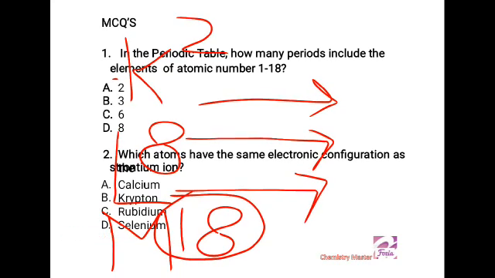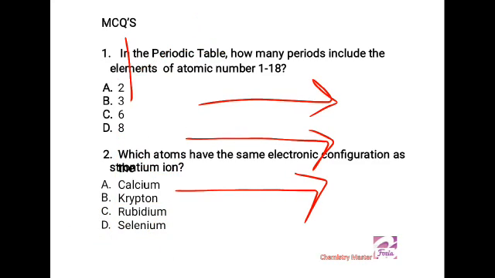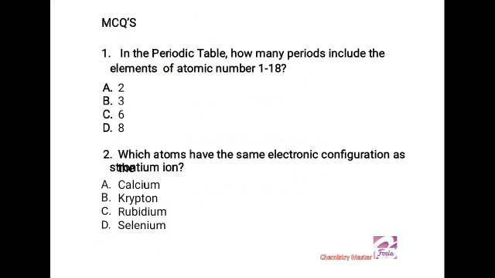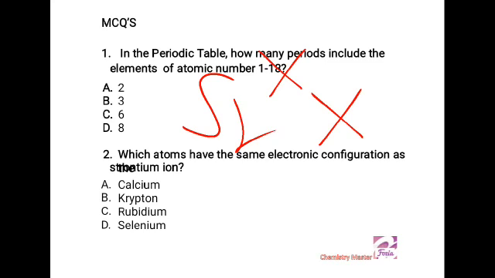The next is, which atom has the same electronic configuration as strontium ion? You know, strontium belongs to group 2A, group 2, and strontium has only 2 electrons in its valence shell. Now what happens when group 2 elements react?